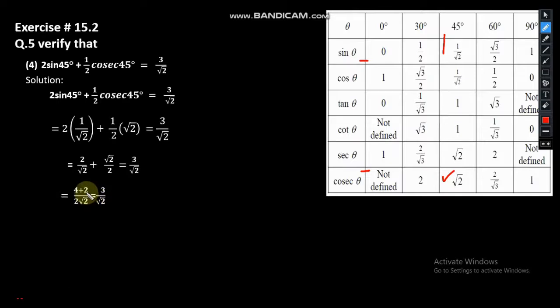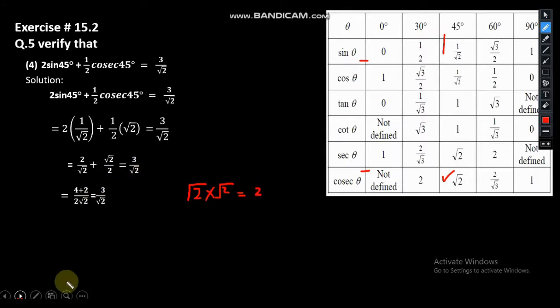Now we can take LCM, 2 under the root 2 and 4 plus 2. Actually 2 and 2 cancel, 2 multiply by 2 under the root multiply by 2 under the root, which is equal to 2.